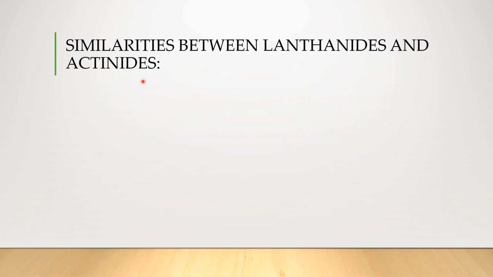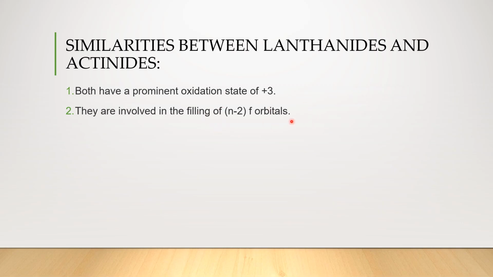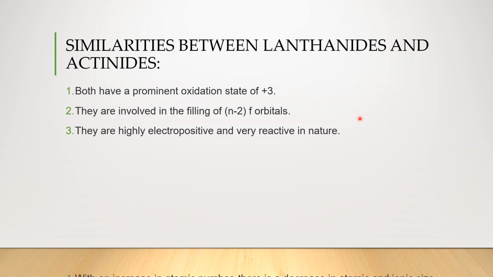Now we are going to see the similarities between these two, lanthanides and actinides. The first one is they have the common oxidation state, as we saw, +3, and they involve filling of (n-2) f orbitals, that is 4f and 5f. Then they are highly electropositive and very reactive in nature, as we saw in the properties of lanthanides and actinides.